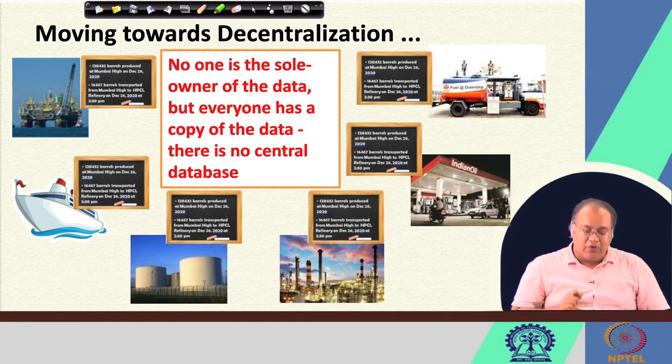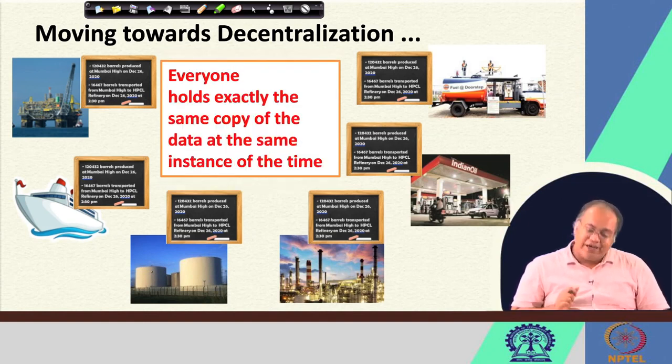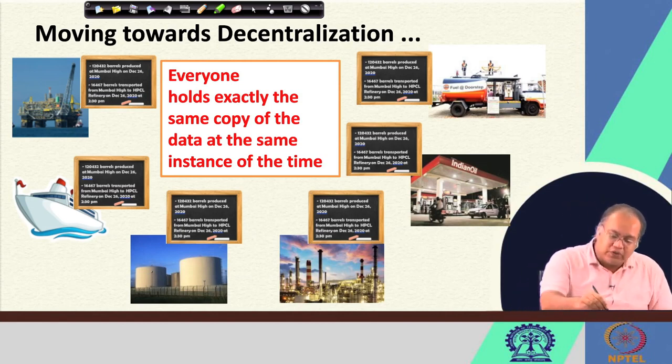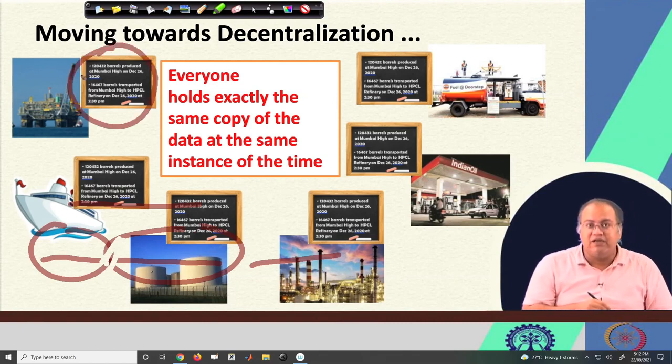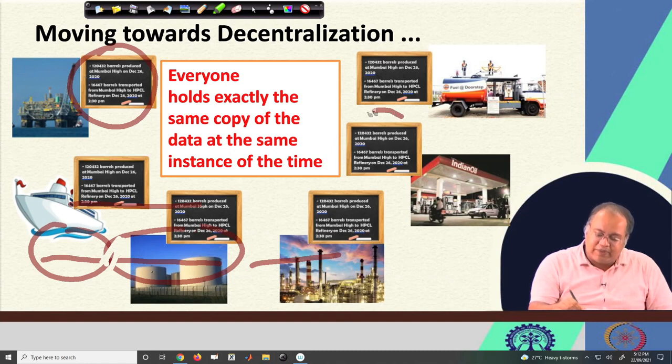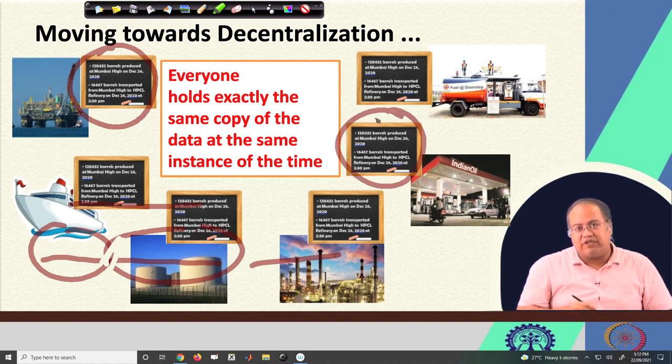My architecture says that no one is the sole owner of the data, but everyone has a copy of the data. I do not have any central database, but I need to ensure that everyone holds exactly the same copy of the data at the same instant of time. It should not happen that one blackboard contains one piece of information, whereas another blackboard contains completely different information.